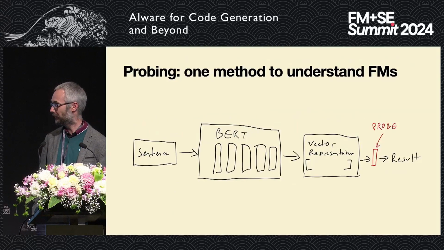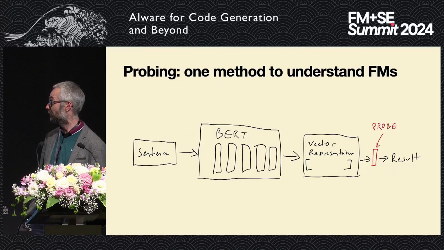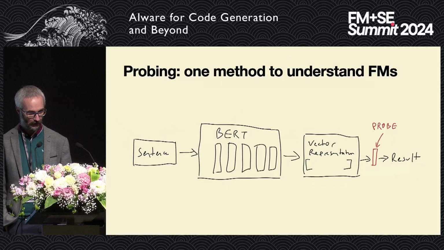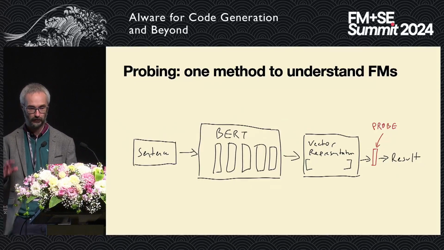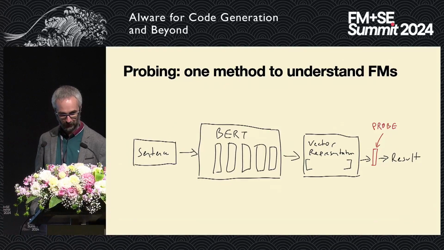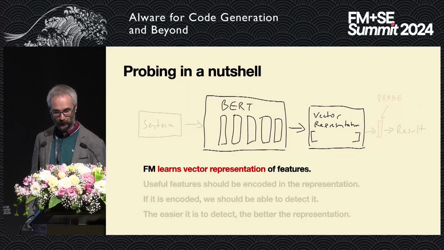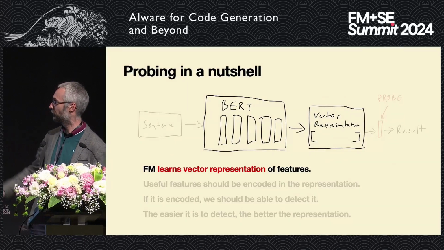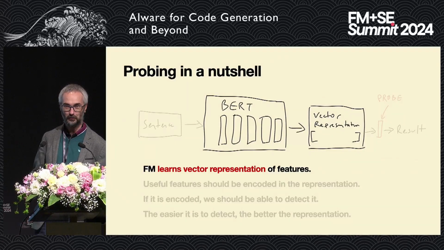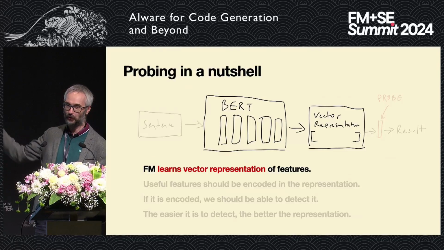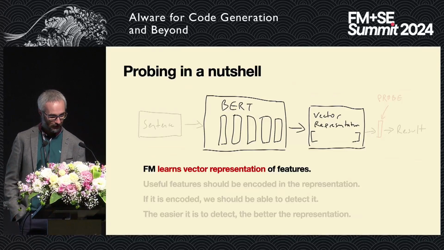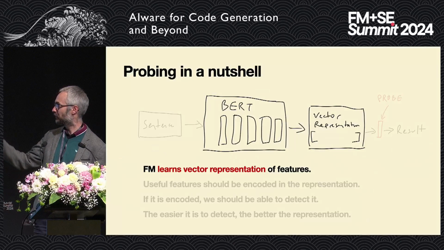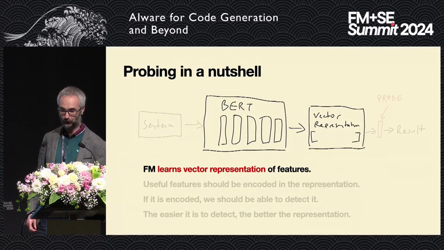One way to do this is to use a technique called probing. I'll just give you the overall idea. We know that a foundation model, such as BERT, you can see it's a bad drawing, but you can see the layers inside, learns vector representations of some features of its input.